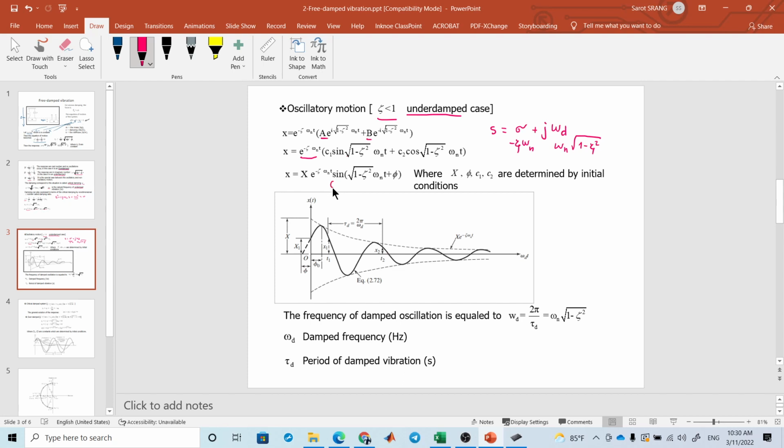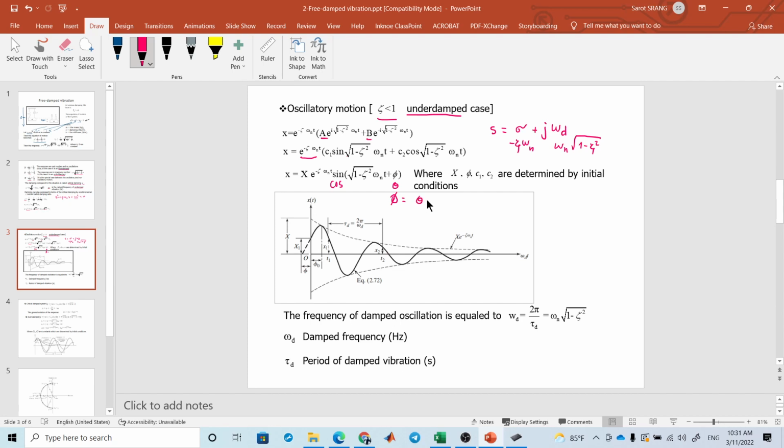Sometimes you see this one as cosine, with a theta here. But if you want to write it as a sine function, you just choose phi equal to theta plus pi over 2.